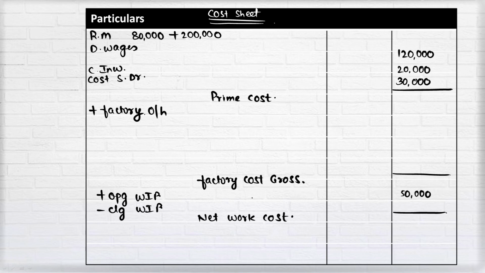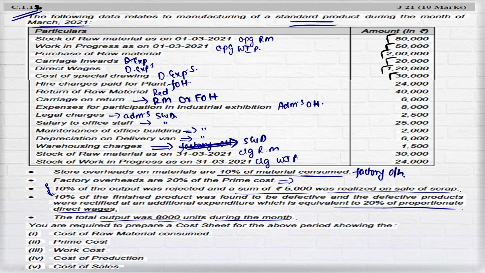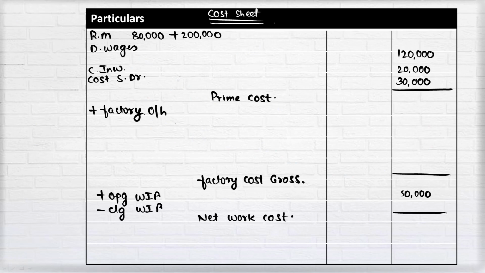We are taking it as forming part of prime cost. Hire charges, we normally add it in factory overhead. Again, it can be taken as a part of prime cost. 24,000, hire charges of factory.